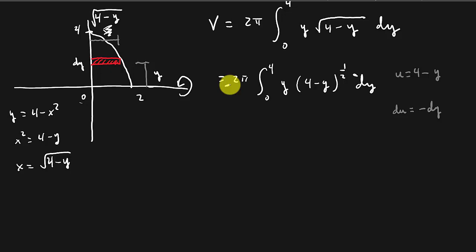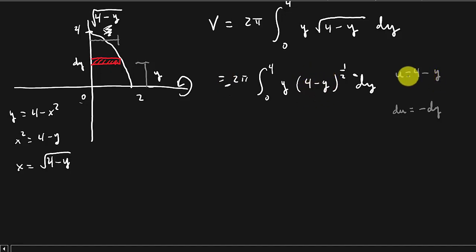All right. So the problem we have is, yeah, the 4 minus y, we're going to replace that with u. But what about this y? I've got to get everything in terms of u. Well, what is y? Well, y is equal to 4 minus u. You see that?